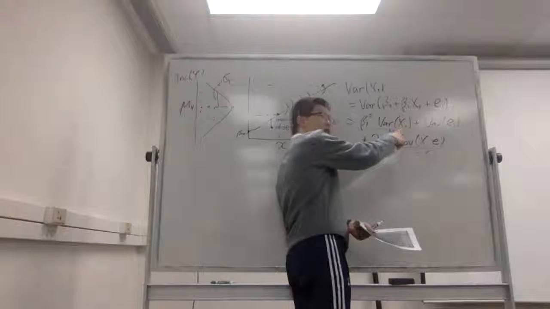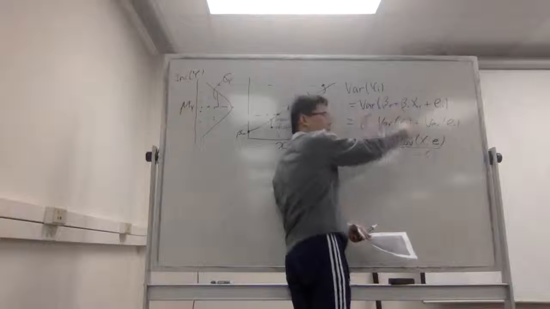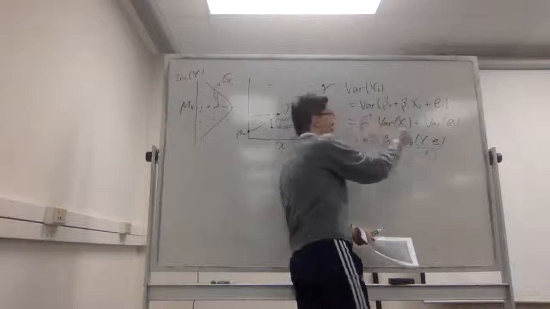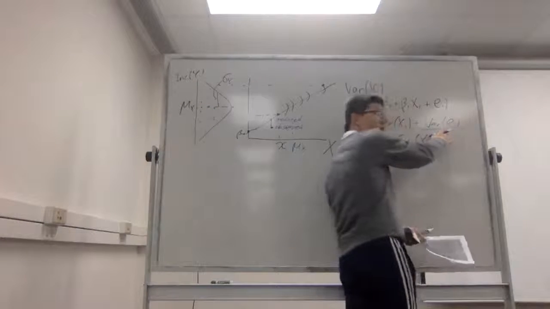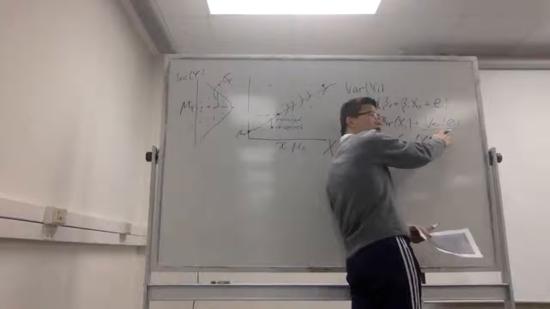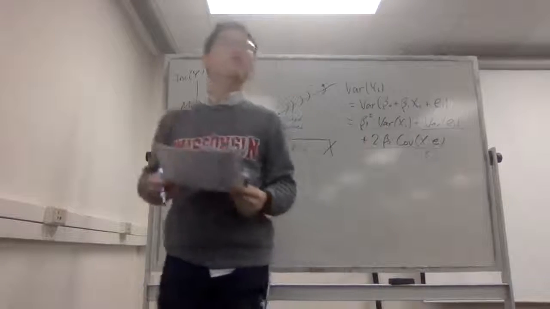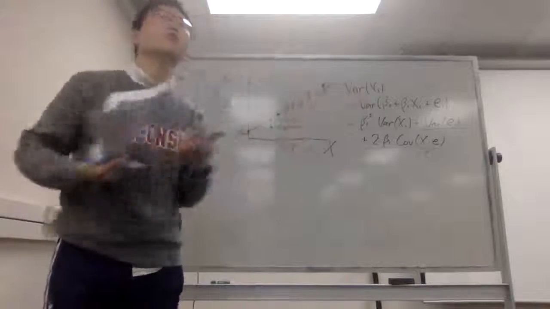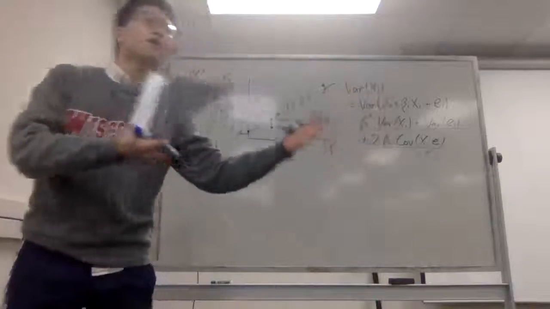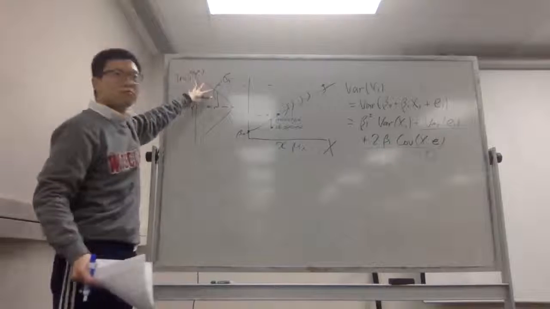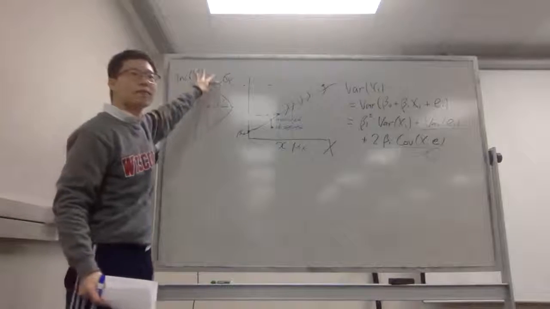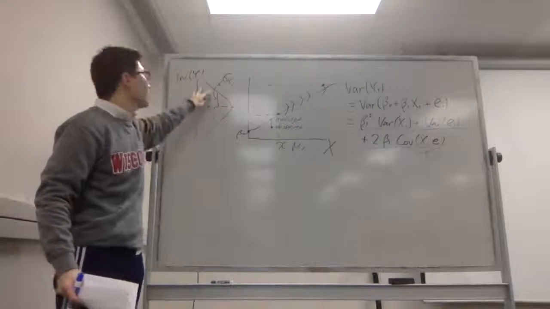This is the explained part of the variance, and then this becomes the unexplained part of the variance. So the purpose of linear regression is basically decomposing the raw variance of the outcome of interest.